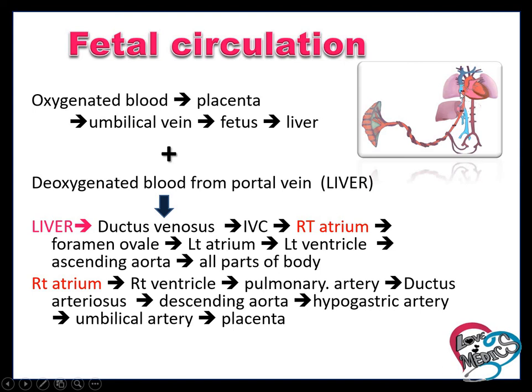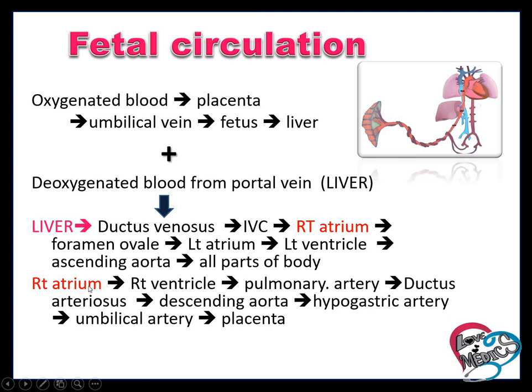That blood passes into the right atrium, and then through the foramen ovale into the left atrium, then into the left ventricle, and then into the ascending aorta, and it is delivered to all parts of the body.